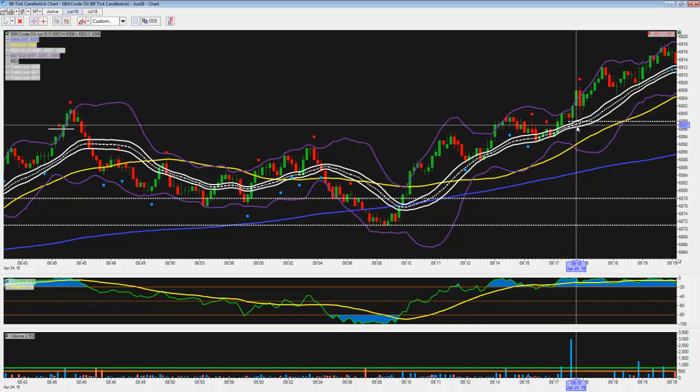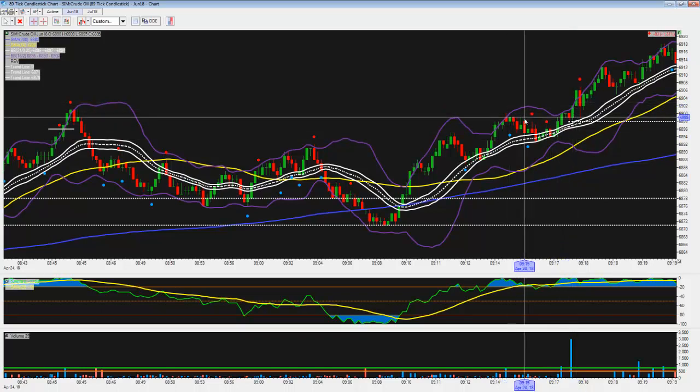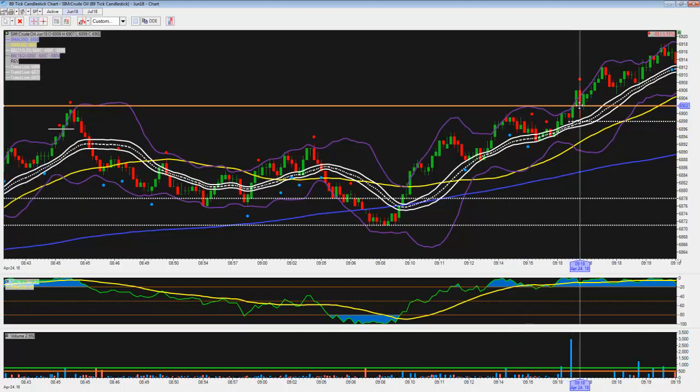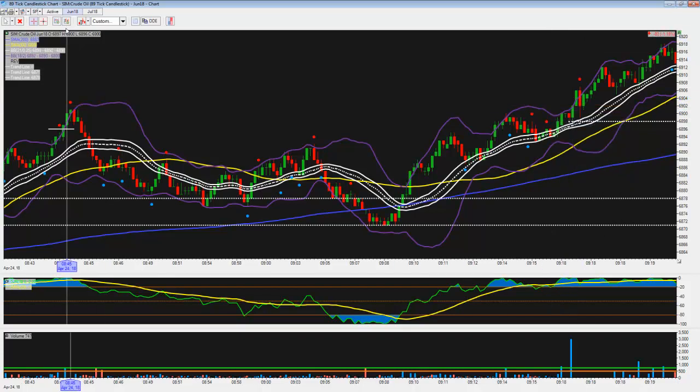And it corresponds with this bar right here. Whoops, wrong line.